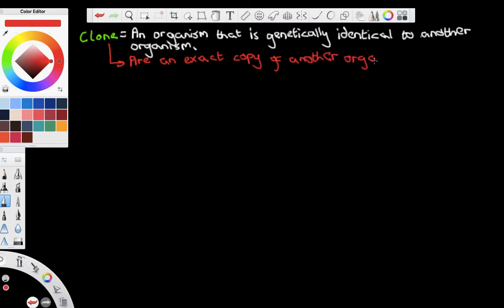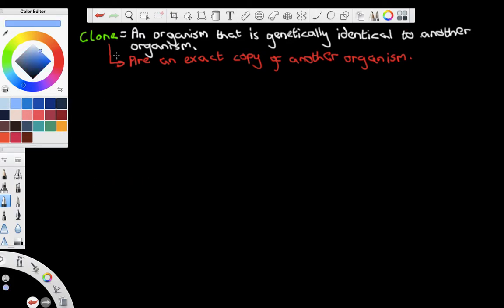Now, some people who are quite skeptical might be thinking, well, what's the point in making clones? What is the point in making copies of things? Now, ultimately, it's the same as when we spoke about selective breeding. You might have an organism that has a particular trait that you want, therefore you want lots of it so that you can harvest that trait.